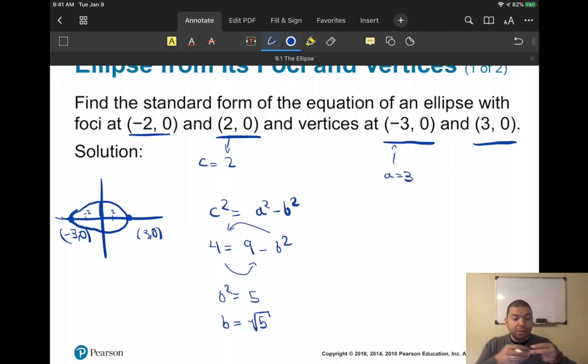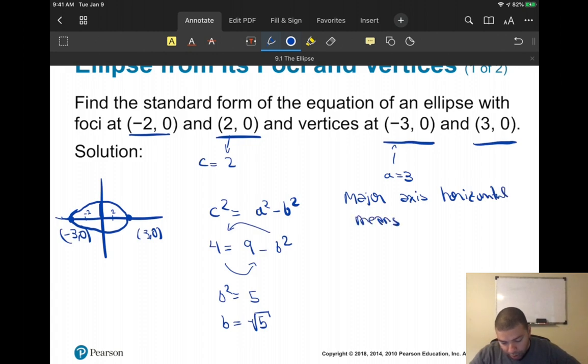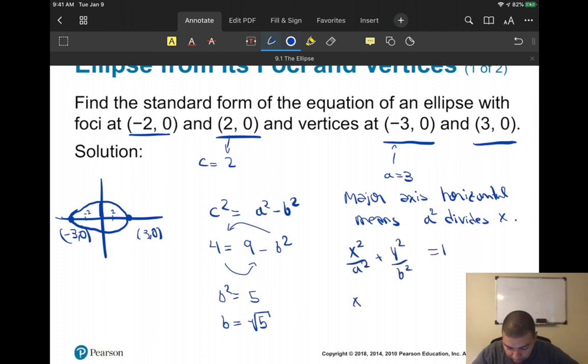Well, the major axis is horizontal, so that means A squared divides X. Right? X is horizontal. So the equation will be X squared over A squared plus Y squared over B squared equals 1. So it's X squared over 9, Y squared over 5 equals 1. So that's the equation.